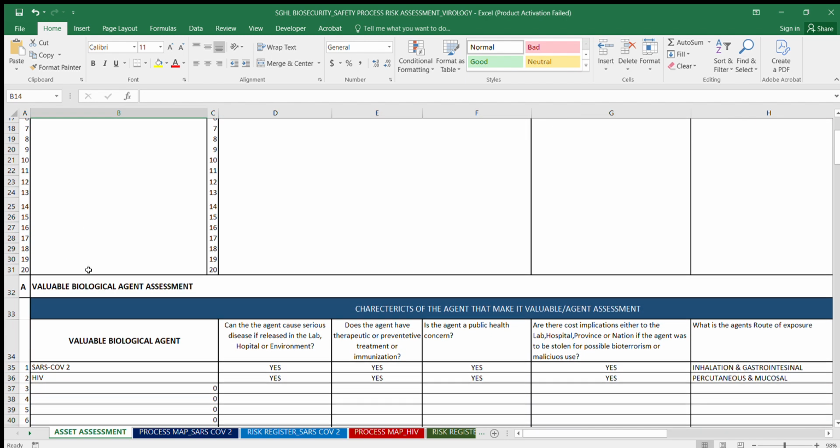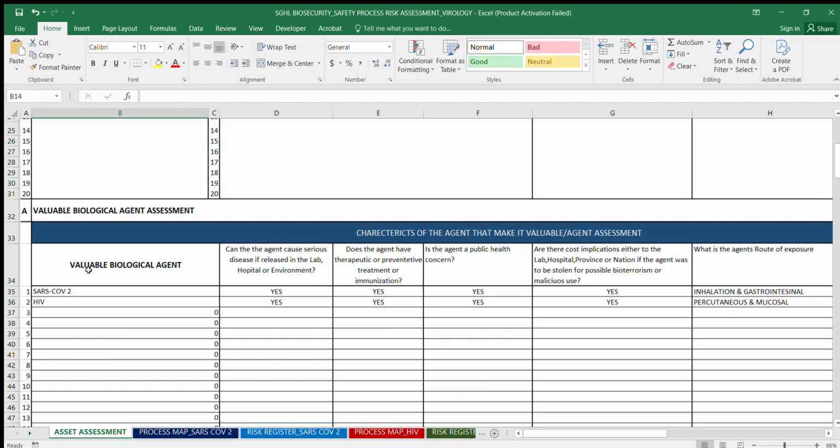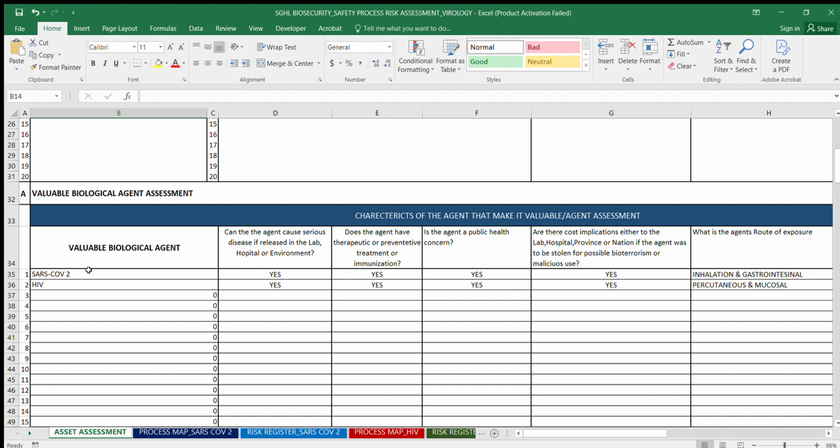So you go to the asset assessment. So let's go to the asset assessment. Under asset assessment, what we're mostly looking at is what makes these biological agents special, such that someone would want to come and get it.